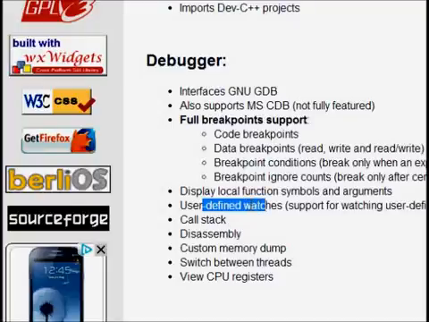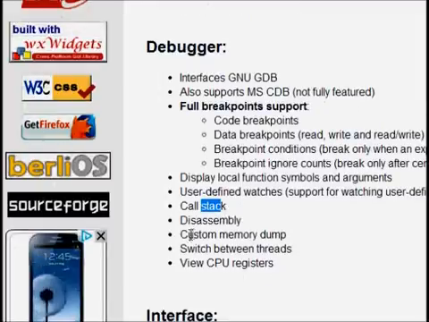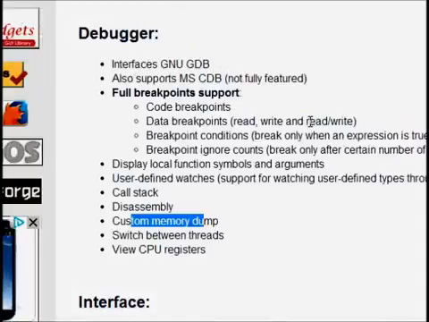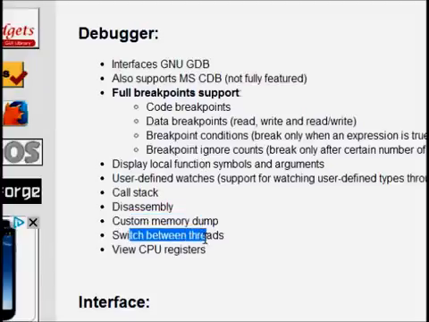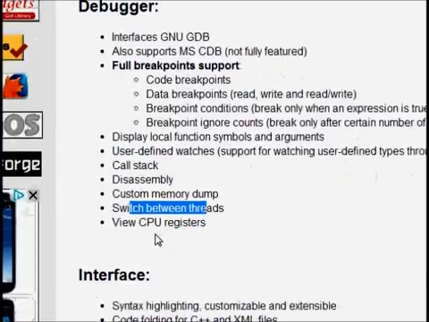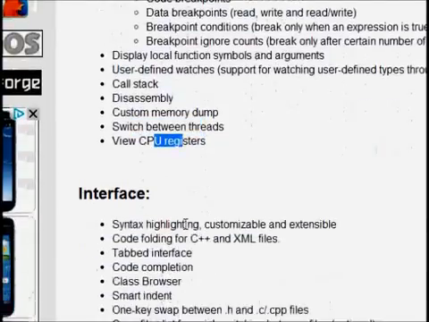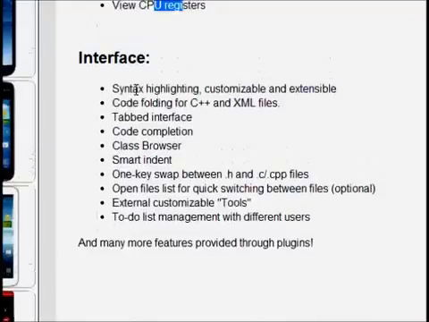You can also have user defined watches, for when some variable is changing and you want to see how. You can see the call stack, how the functions are being called. Then disassembly and memory dump: what was in memory when the code was running, and the status of the different variables. If your code has multiple threads, you can switch between them and watch the CPU registers.